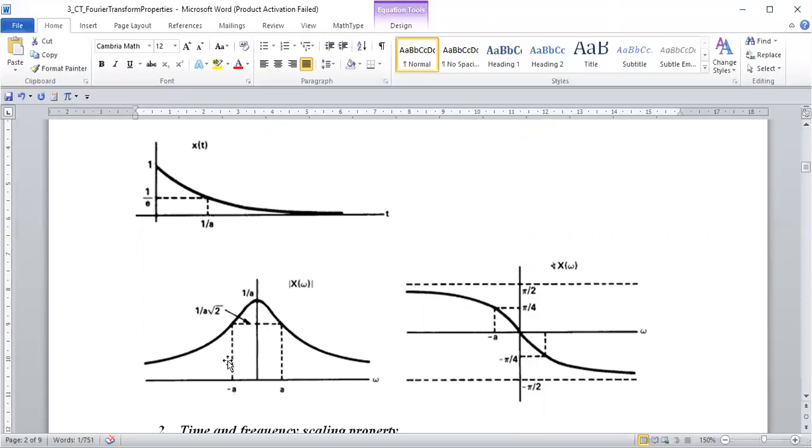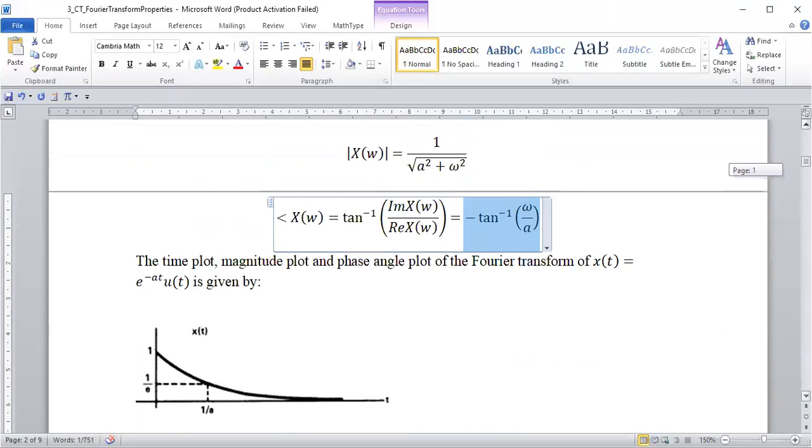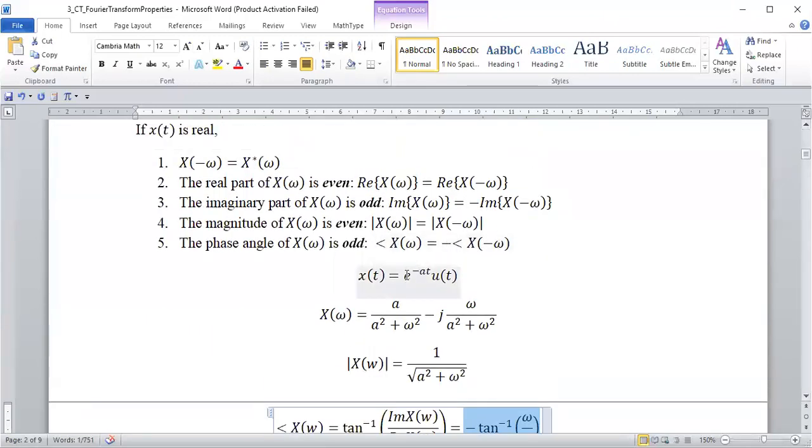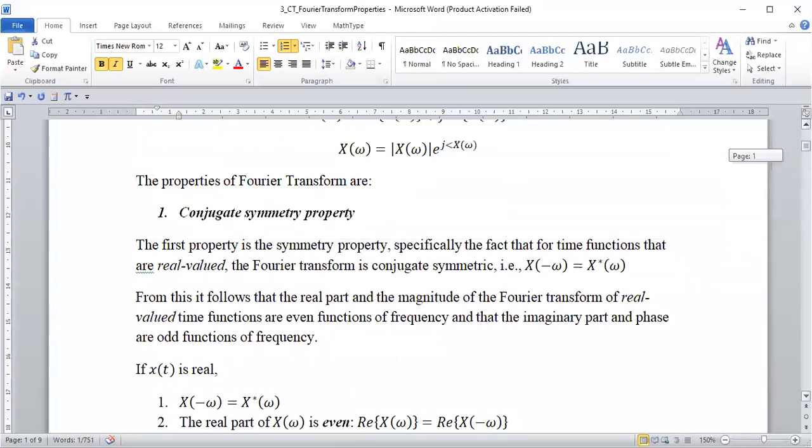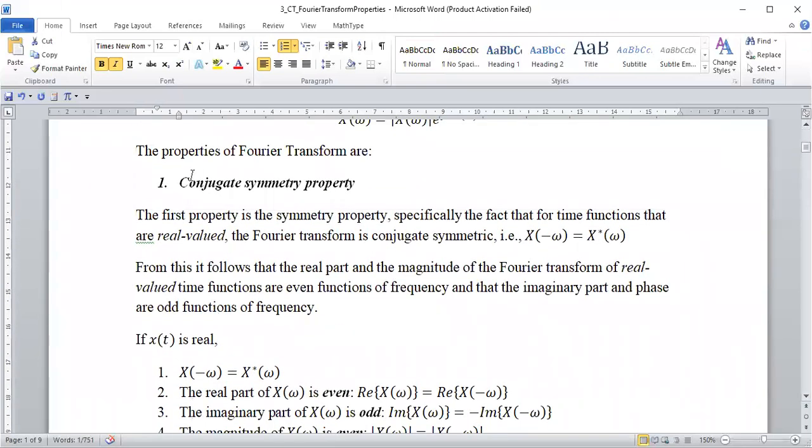We can see that the magnitude plot is an even function, while the phase plot is an odd function. Since e to the minus at u of t is real, we had an even magnitude and an odd phase. That's the first property, conjugate symmetry.